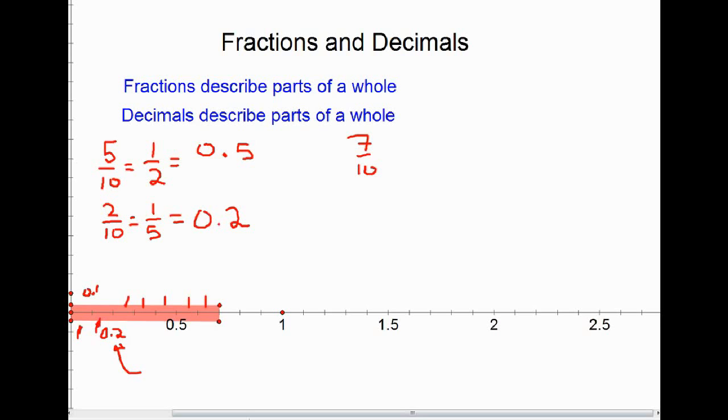So we have 7 pieces there out of 8, 9, 10 to get up to one whole. So that's 7 out of 10. Can't reduce that fraction, but if we look at the decimal form there, if we're counting in tenths, it would go 0.5, 0.6, and then we would have 0.7.